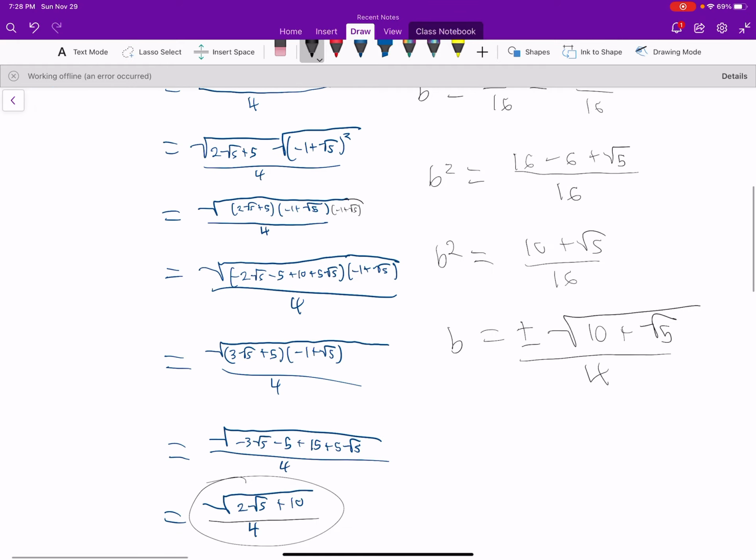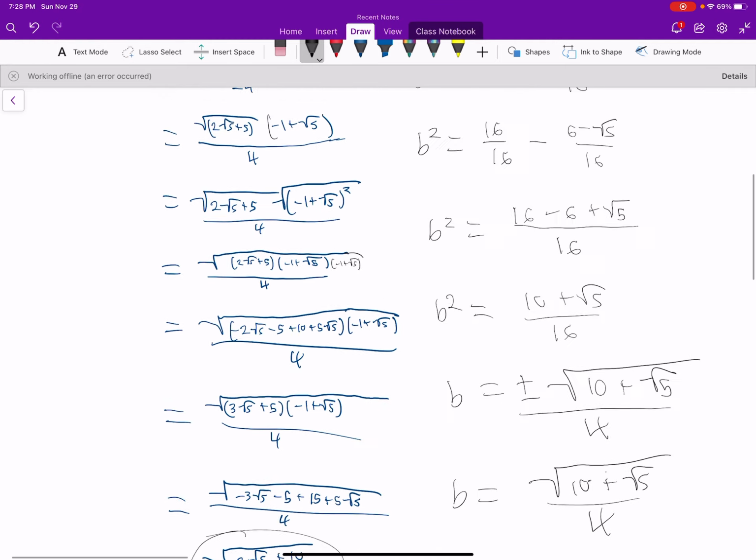So we will now get rid of that negative, so we'll just say plus the square root of 10 plus 2 root 5 all over 4, which is what we expected.